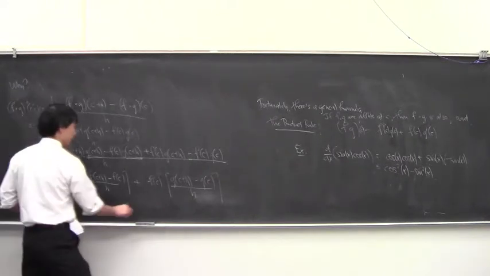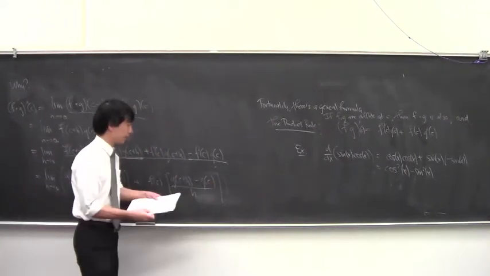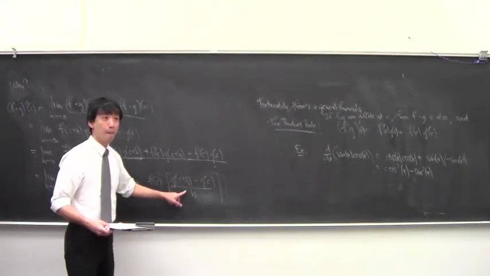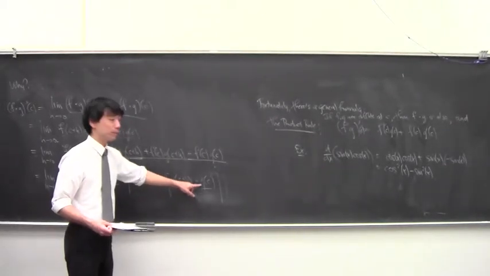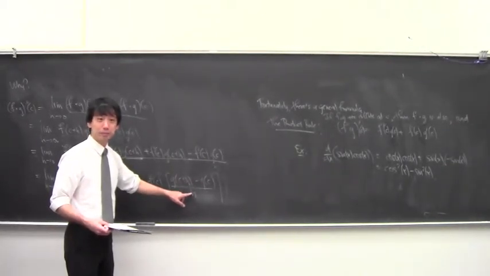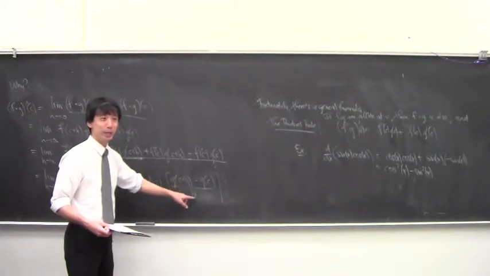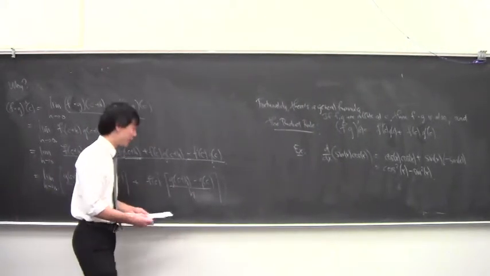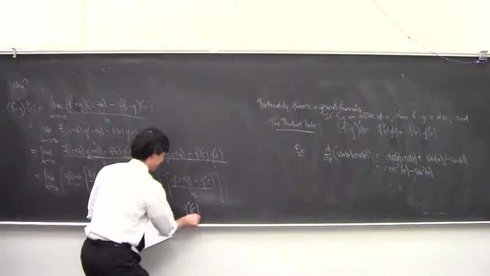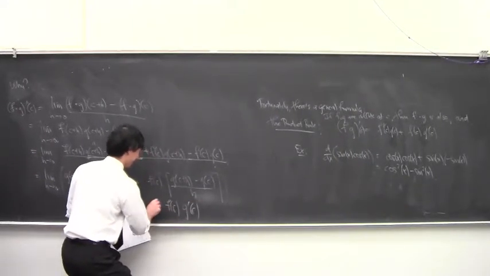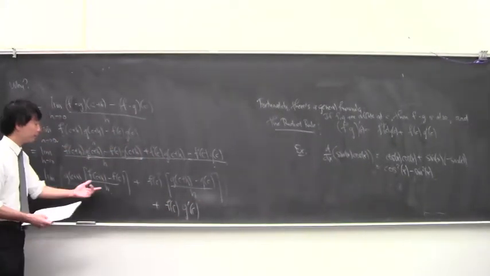As h goes to 0, what happens to this thing, g of c plus h minus g of c over h? g prime, thank you, Nora. And what happens to the other thing?